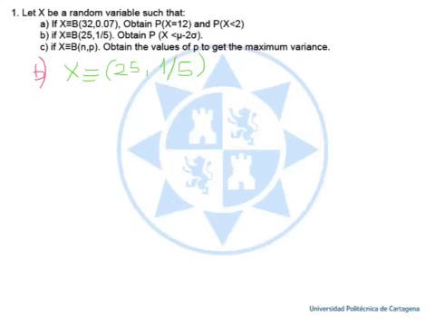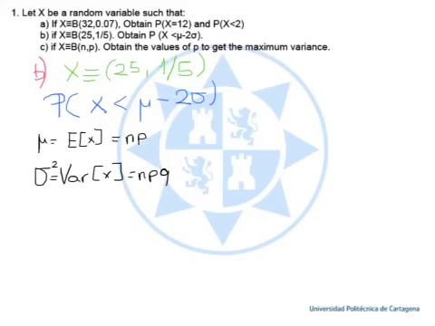So now in this part we are asked to calculate the probability that X is smaller than mu minus 2 sigma. So first of all we have to calculate mu, that is the mean, and sigma, that is the standard deviation.